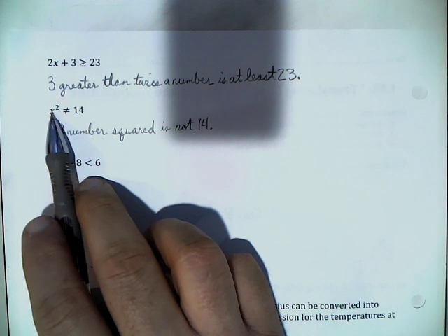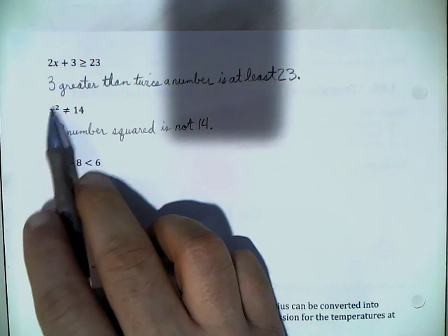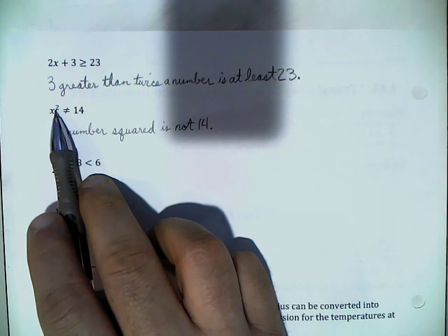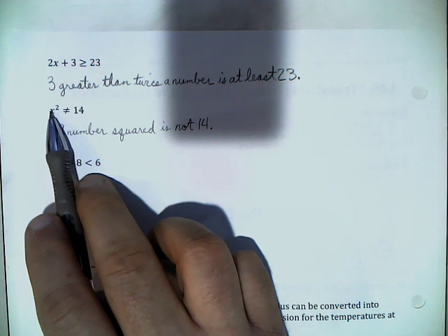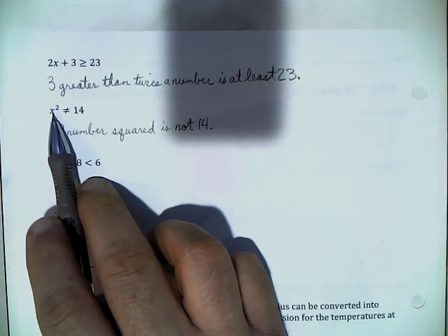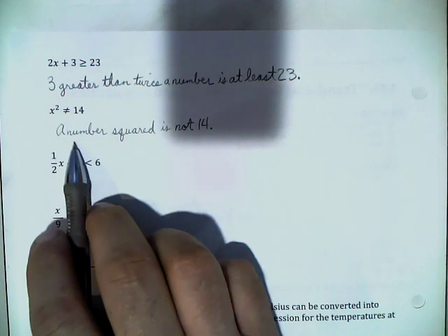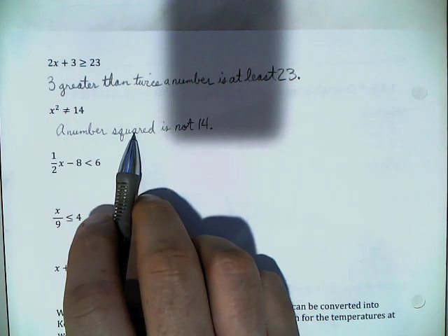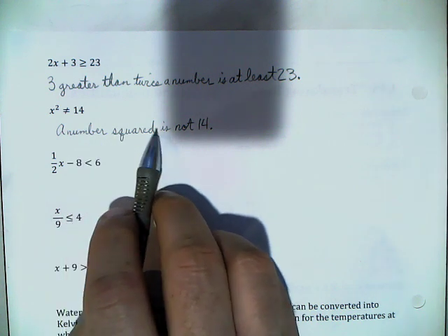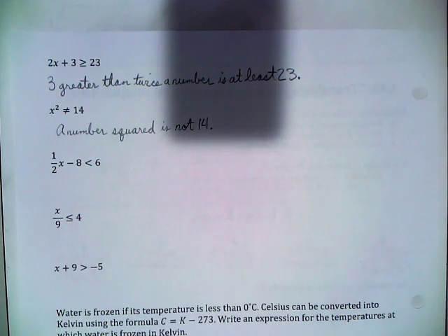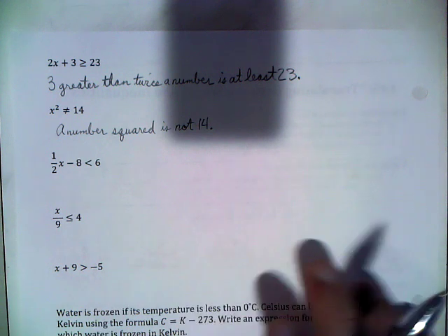Because if we say a number times itself, then really this should have said x times x. But this doesn't say x times x. Now, it does mean that, but that's not what it says. So it says x squared, so we should say something about squaring something. So a number squared is not 14 is the best answer there for sure.